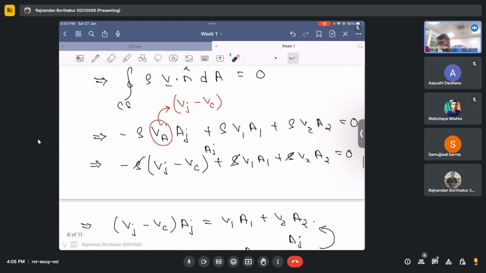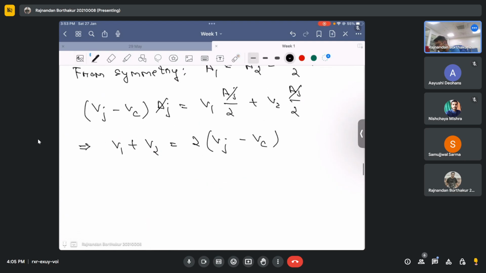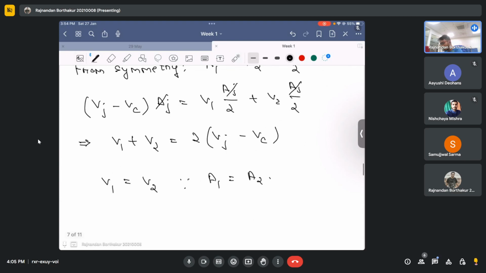That means from mass conservation, I can also conclude that V1 should be equal to V2, since I have considered A1 to be equal to A2. And this is because I can always write for cross section 1 and 2, rho times V1 A1 equals rho times V2 A2. This comes from mass conservation.